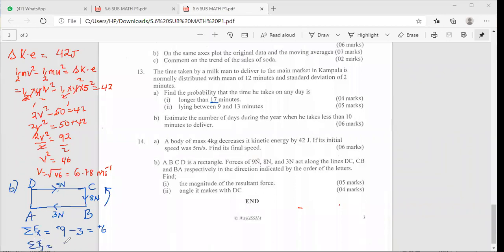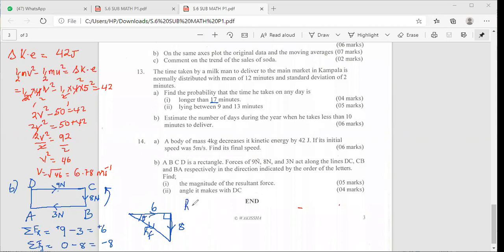In the y, we have only 0 minus 8, going in the negative y-axis, so it gives negative 8. So this is 8, this is 6. Then we draw a right angle triangle, and this is where the resultant force will be acting. We shall also get its magnitude and the angle.